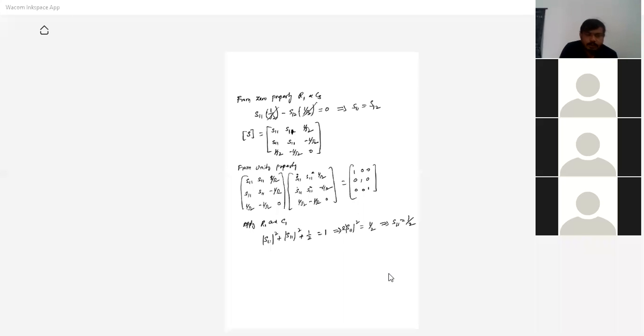Now substitute these things in our S matrix. S11 is 1 by 2.